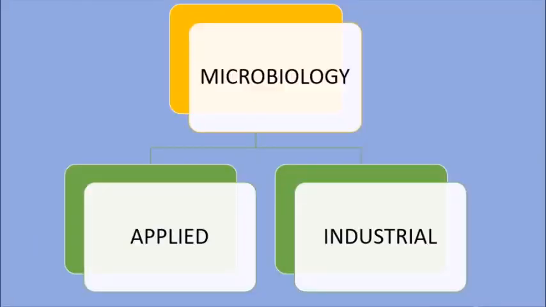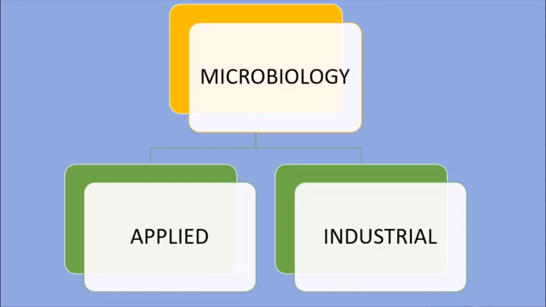Now microbiology is divided into two parts, that is applied microbiology and industrial microbiology. Applied microbiology studies the enzymes related to different prokaryotic and eukaryotic organisms. They study their genetics, molecular biology, and all these things.